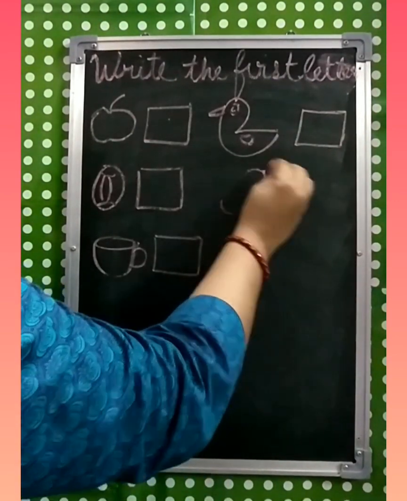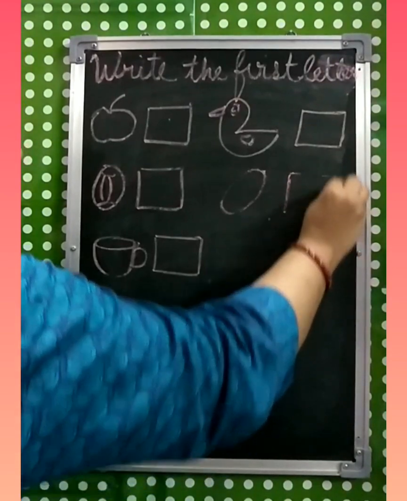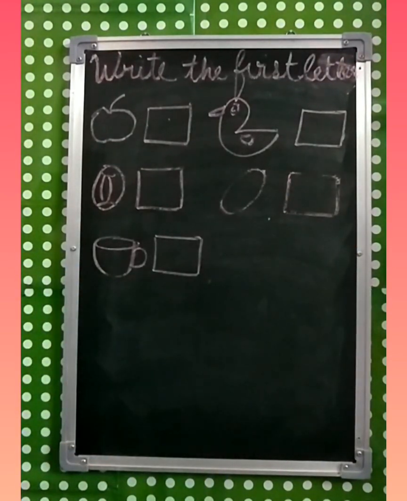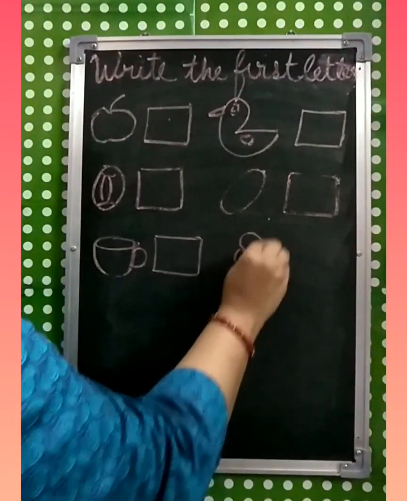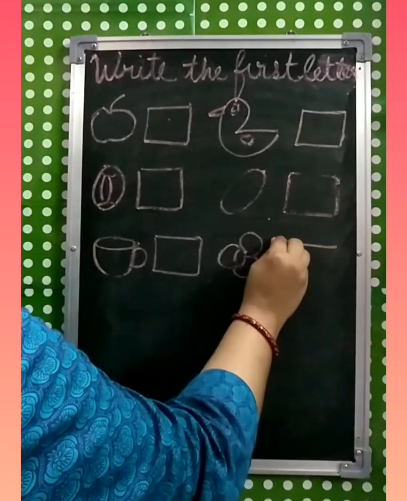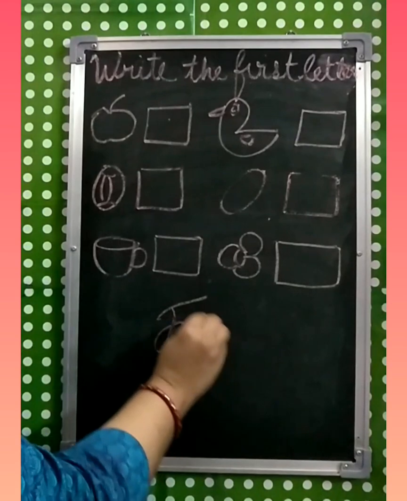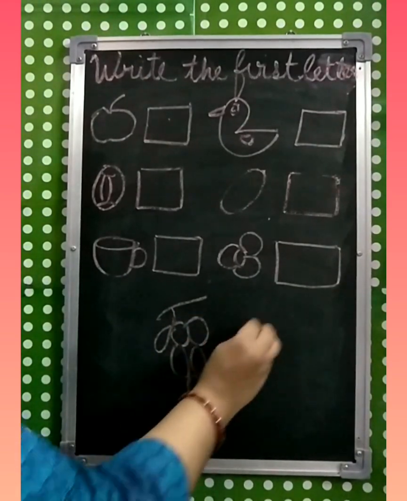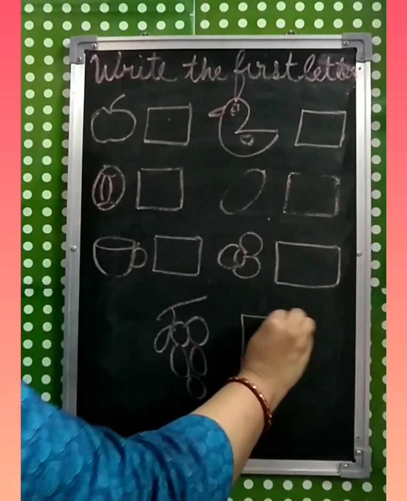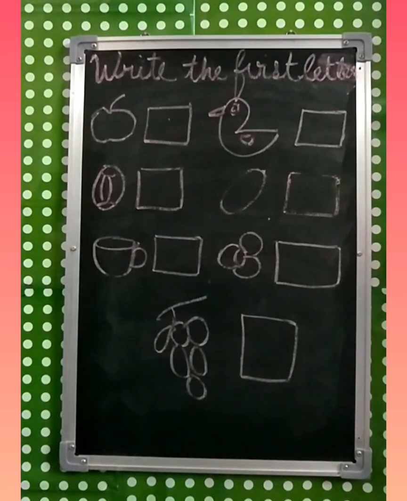Egg is there and box. Then flower is there, box, and last is grapes and box. So children, in these boxes you are going to write the first letter.